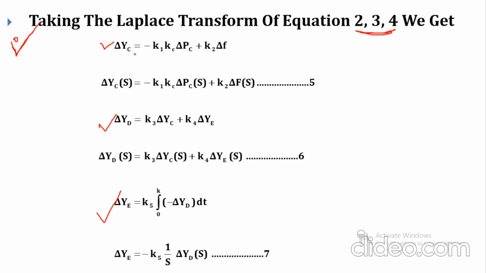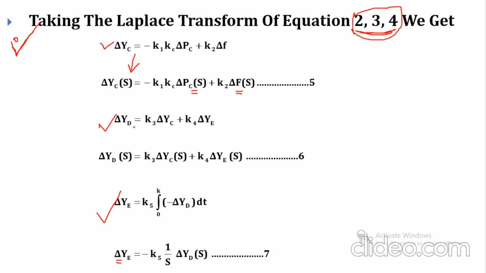So its Laplace transform is delta yc of s equal to minus k1 kc delta pc of s plus k2 into delta f of s. So this is our first input, this is the second input, and this is our output. So in all the three equations we have input and output.